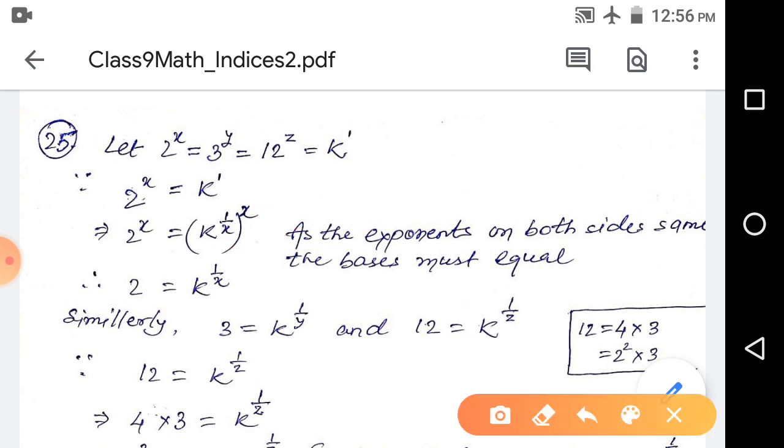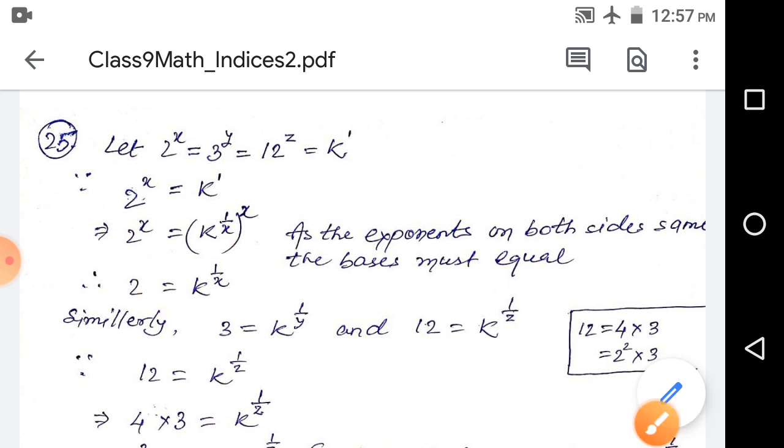Now see it carefully. In the LHS part, we have 2 to the power x, and in the RHS part, we have k to the power 1 by x whole to the power x. So see here, this x and this x are the same exponent, so their bases must be same. So that means this 2 must be equal to this k to the power 1 by x, and that is what I have written here.